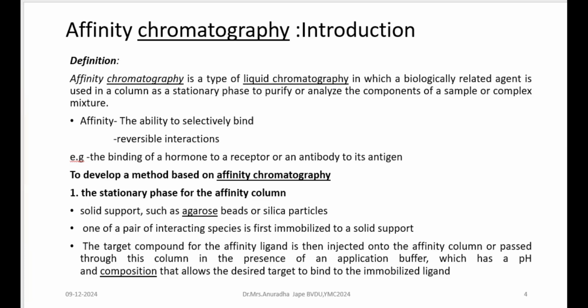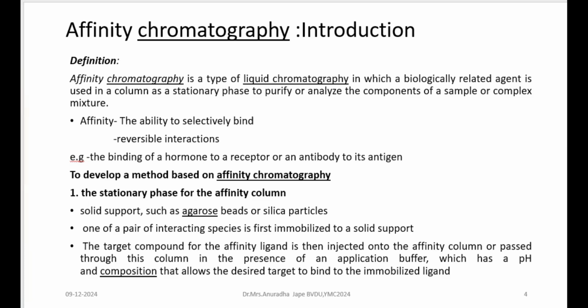For example, the binding of a hormone to a receptor or an antigen antibody interaction. These are a few of the examples where biospecificity is utilized. Now, when we talk about the stationary phase of the affinity column, the same concept applies as in column chromatography in the previous lecture.